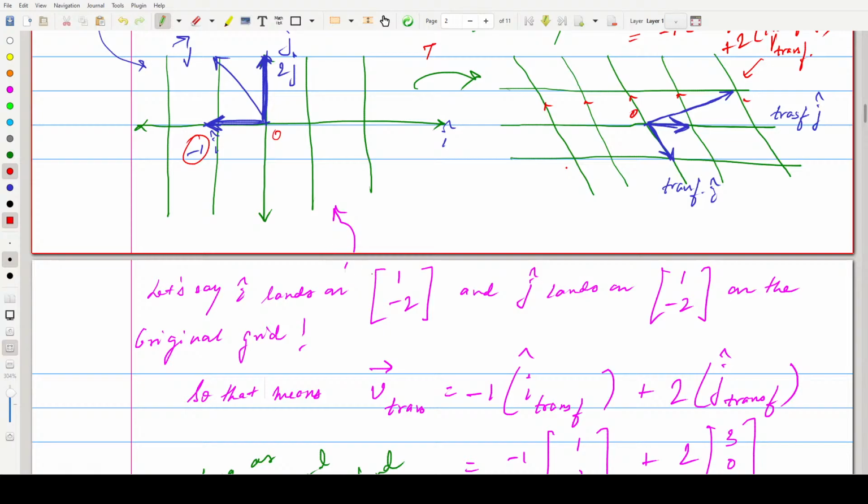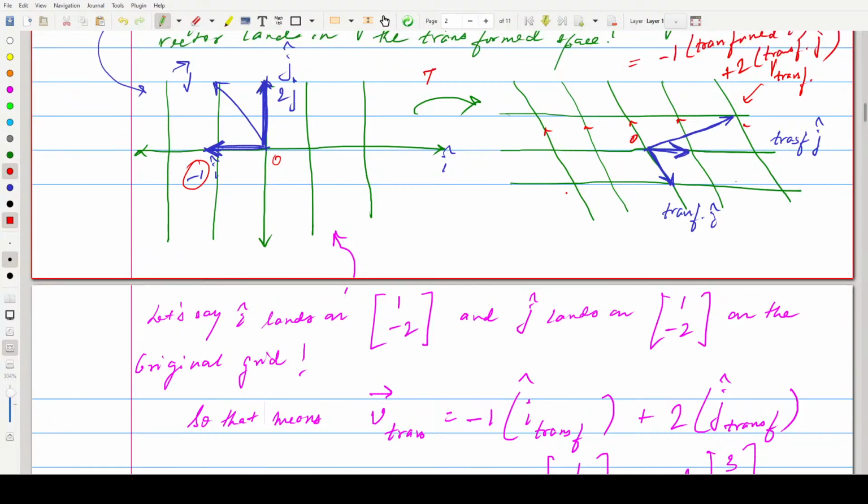Let's say i lands somewhere which is 1 comma -2. This is i cap, which lands on the original space. If we draw a grid on the original picture, we get something of this form. I'm really sorry for my bad drawing skills; I'm trying to make the best out of freehand.